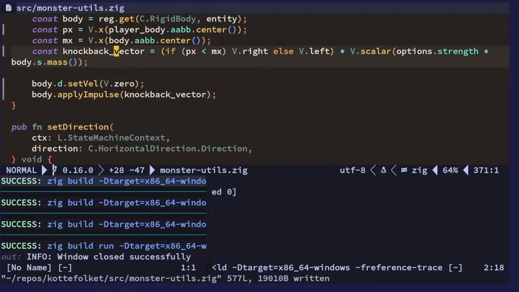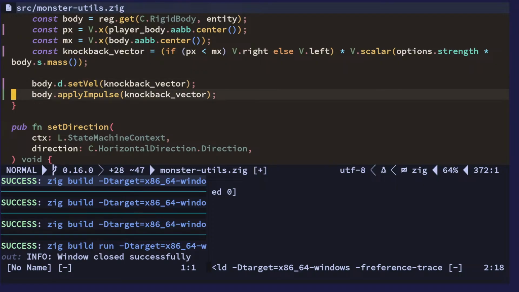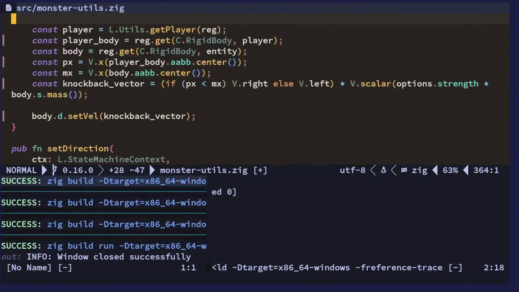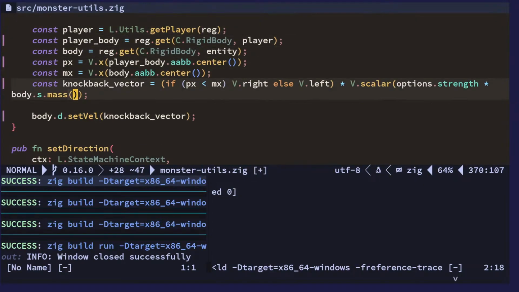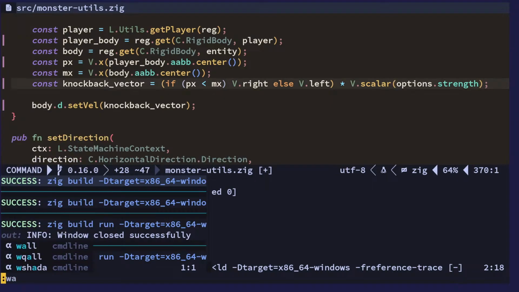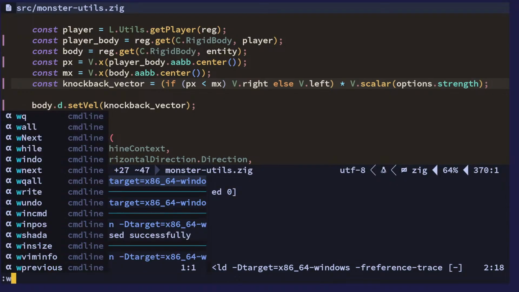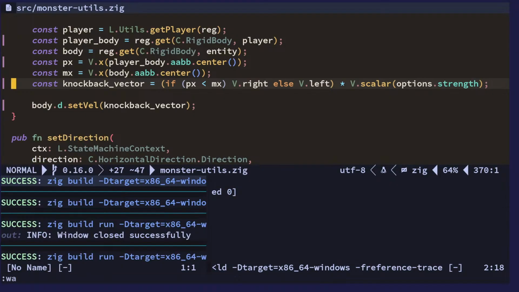Yeah, we could just set velocity to this thing, and then we don't need to worry about the mass.